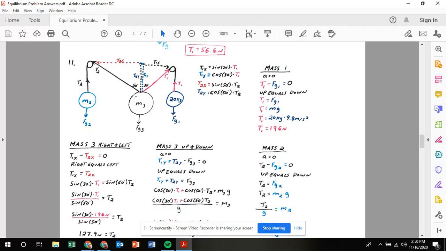Well, now if we go to this M3, I know that this T1 equals 196, because that's what I just solved for. Because I know this is 196 and I know this angle, I can solve for this T1 in the y, and I can solve for this T1 in the x. So I know how much this rope, and only this rope, is pulling to the right, and I know how much it's pulling up, because I can do a little sine and cosine and find that information out.